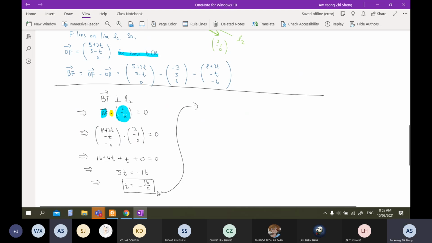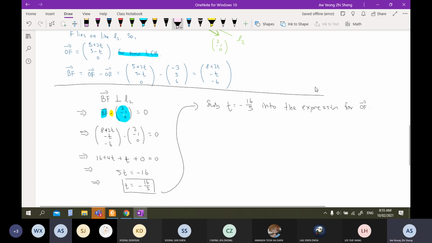Now that we have already found the value of t, earlier at the beginning we said OF is equal to 5 plus 2t and so on for a particular value of t. Now we have found that particular numerical value of t. So let's sub it back into the expression for OF. So we sub t equals minus 16 over 5 into the expression for OF.